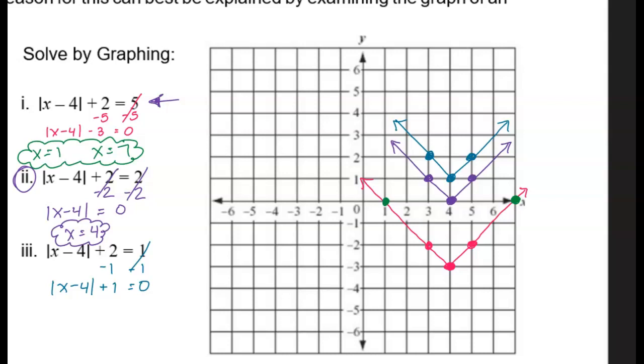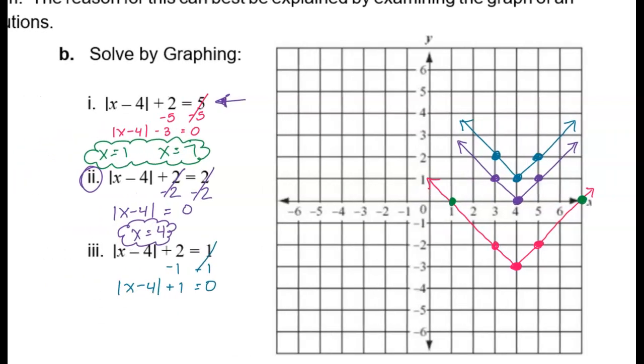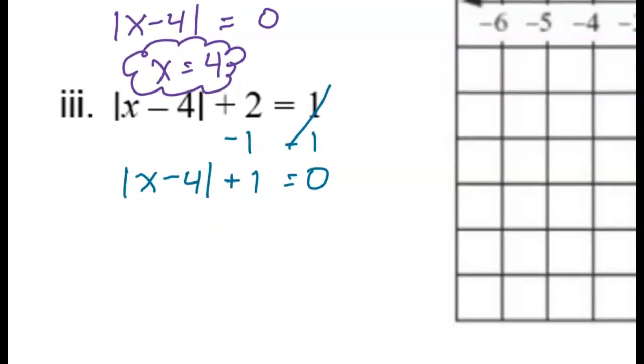But this one is completely above the x-axis because we moved up 1 and to the right 4. So because it's completely above the x-axis, is it touching the x-axis? No. So do I have a solution? No. So what do you think I should say? No solution.